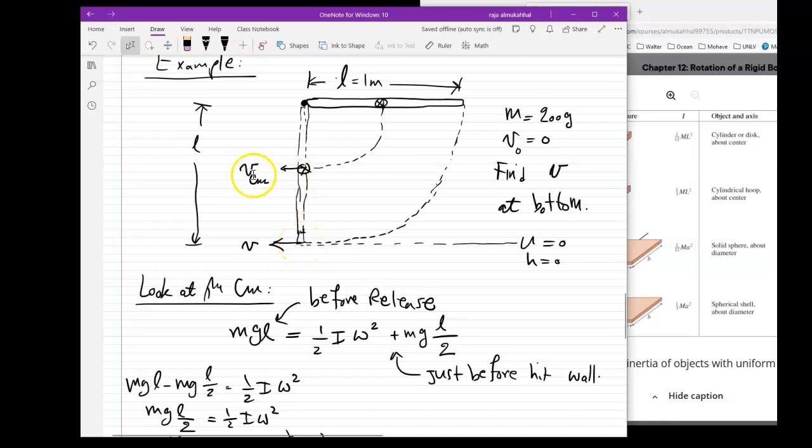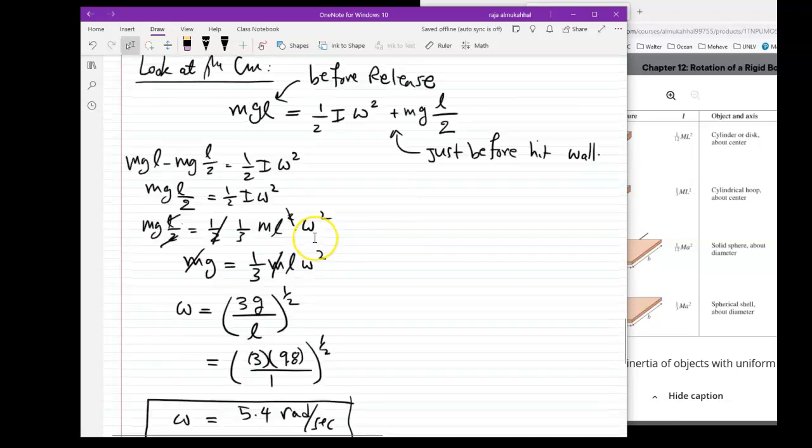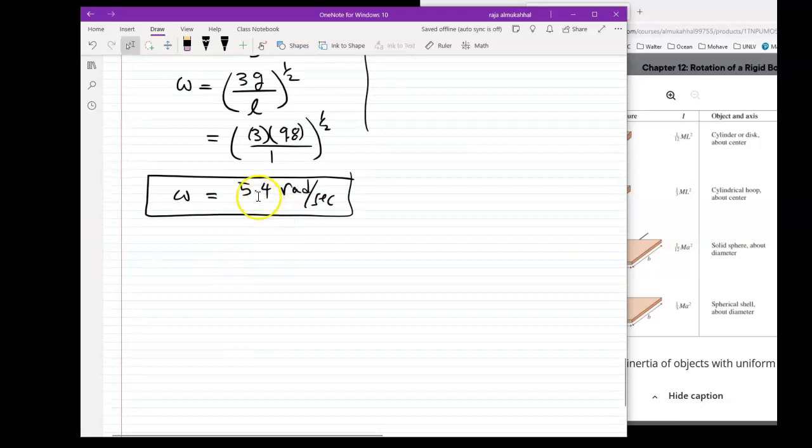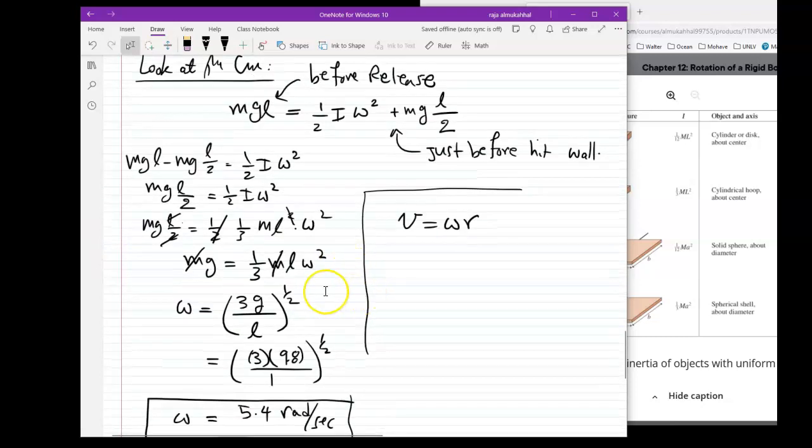It's not going to be the same as the velocity of the center of mass. It's actually going to be faster because it has a larger radius. You see what I'm saying? But that shouldn't be a big deal because I know that the velocity in general is equal to omega r. I already found omega, and as I told you in the previous problem, omega is the same for all parts of a rotating body.